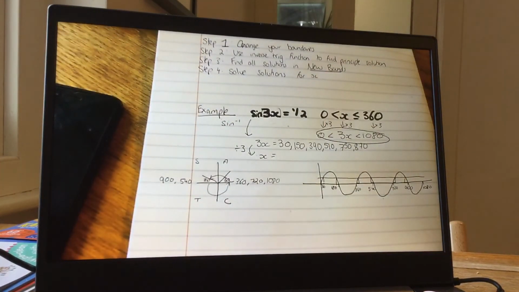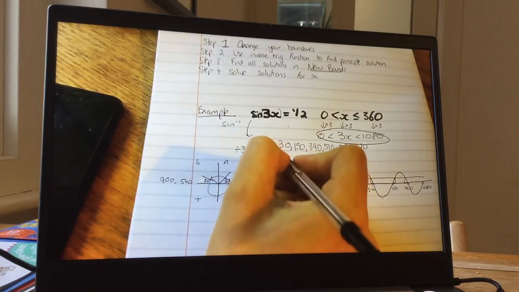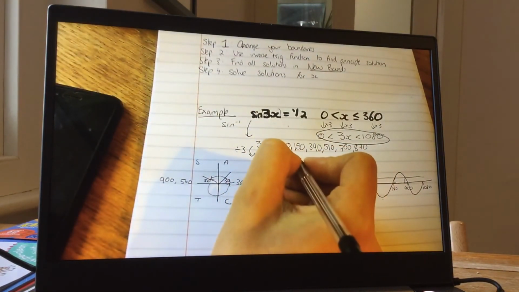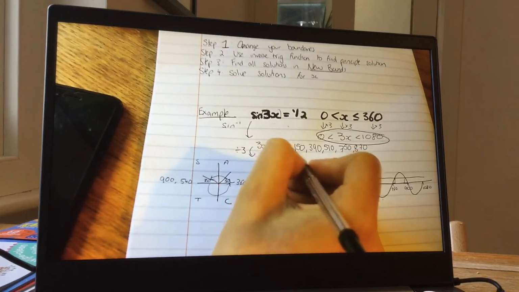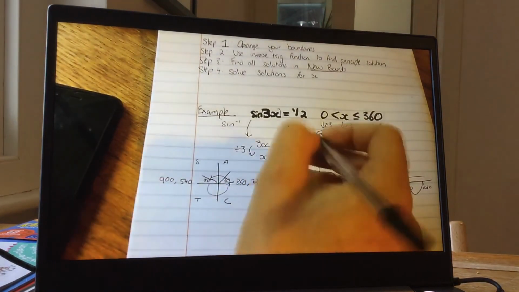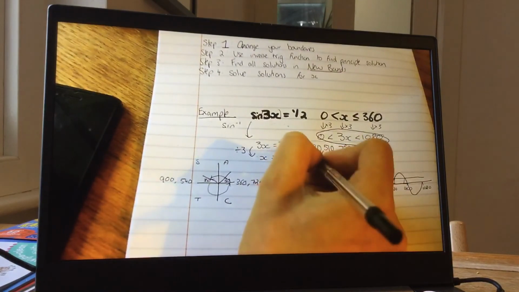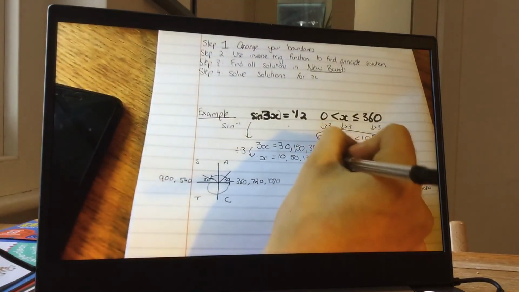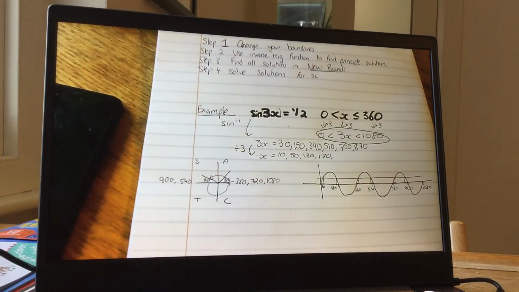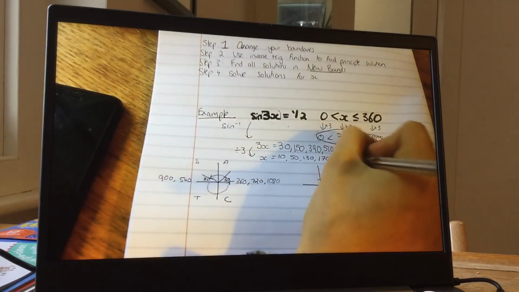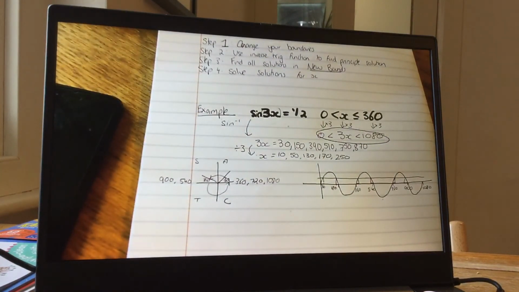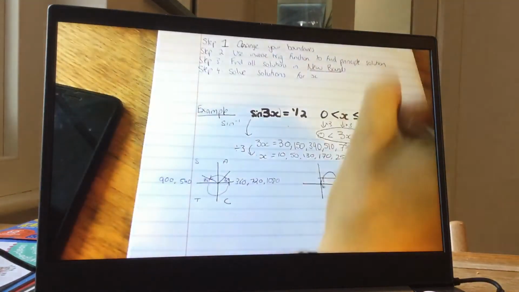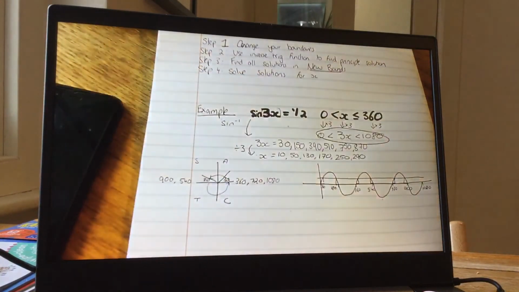So all I need to do now is take each one of those solutions and divide by 3. 30 divided by 3 is 10. 150 divided by 3 is 50. 390 divided by 3 is 130. 510 divided by 3 is 170. 750 divided by 3 is 250. And 870 divided by 3 is 290. And they are all of your answers.